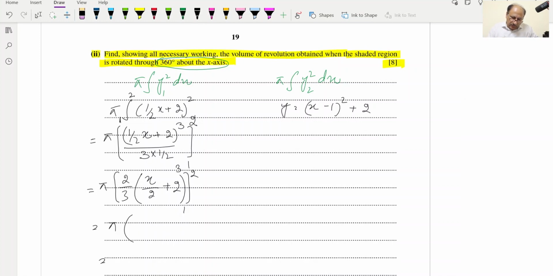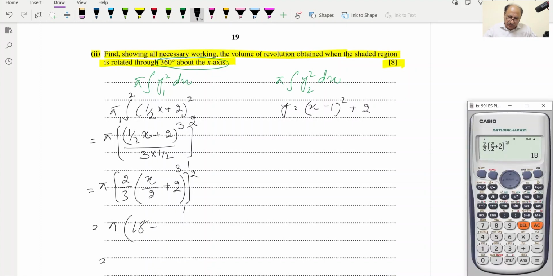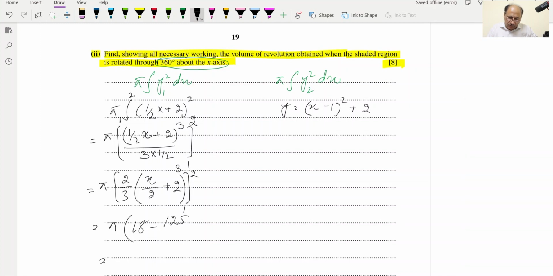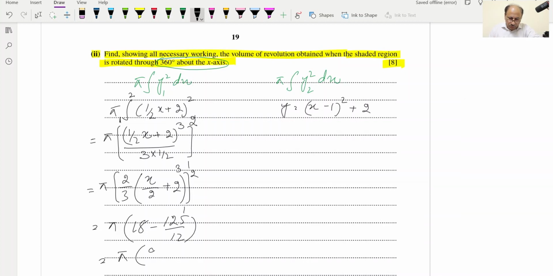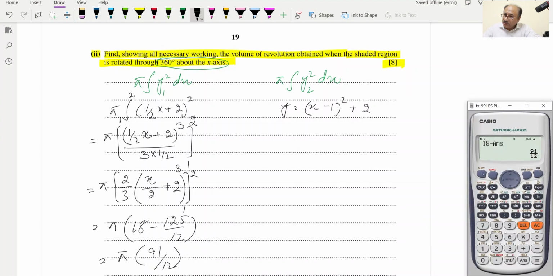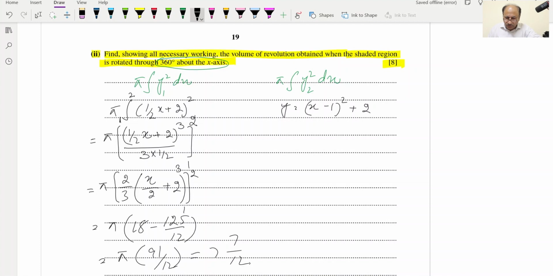So we can write here 18 and minus the lower limit, calculated for 1, and this was giving us 125 over 12. So 18 minus the answer is equal to 91 over 12. So pi into 91 over 12, and in mixed fraction this will be equal to 7 whole 7 by 12. So this will be equal to 7 whole 7 by 12 pi.